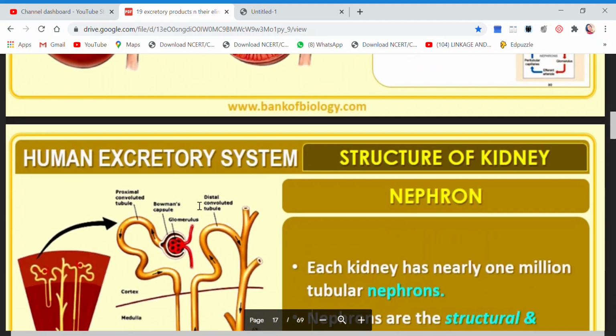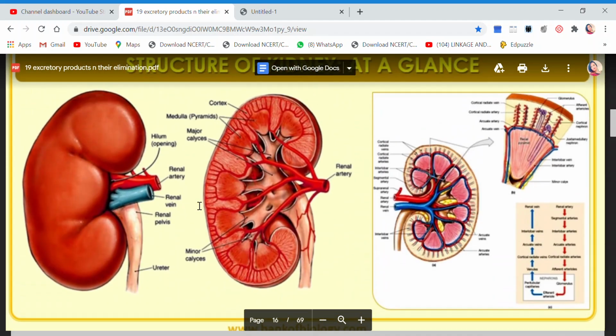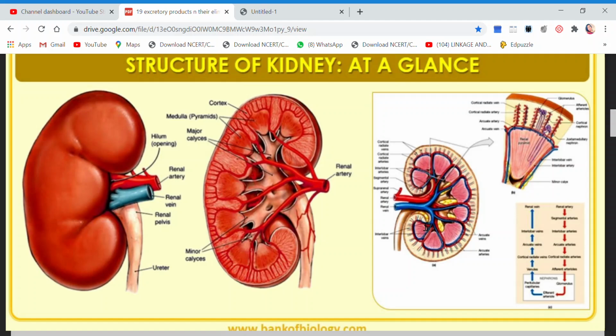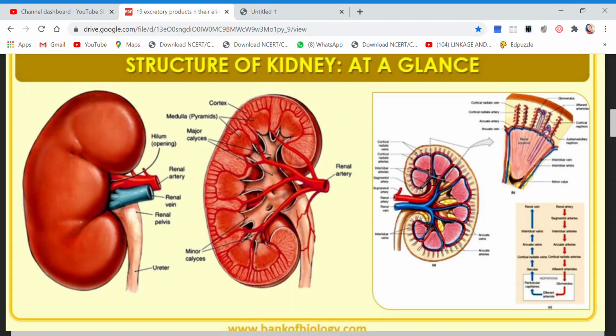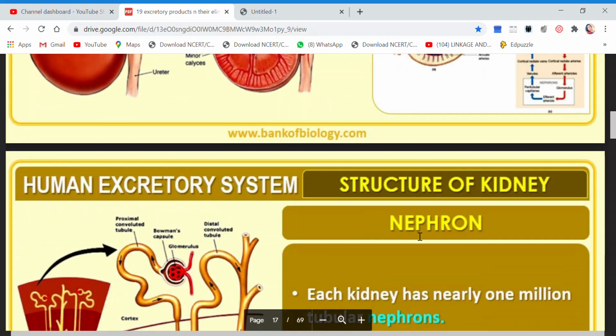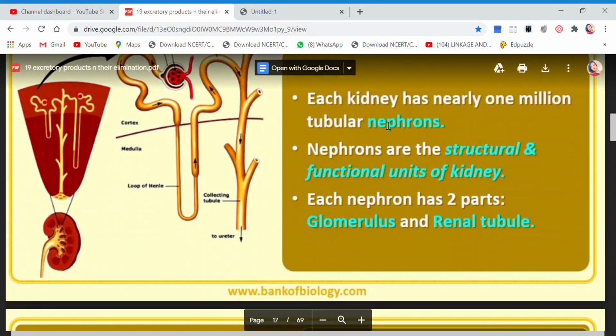Children, each kidney has numerous pyramids, and each pyramid has many nephrons. So you can imagine, if one pyramid has numerous nephrons, the whole kidney can have many nephrons. Almost each kidney has 1 million nephrons.